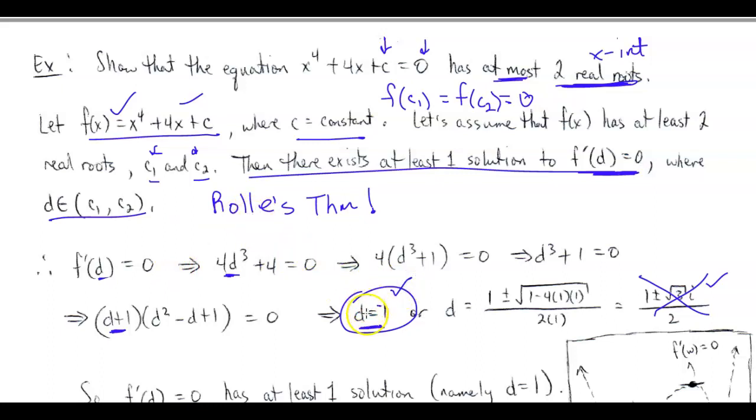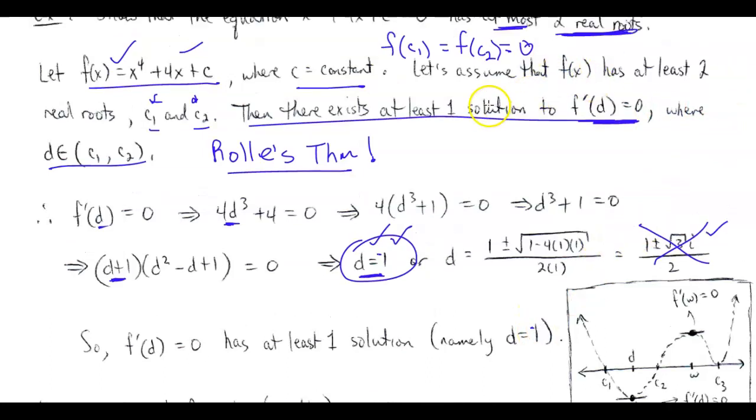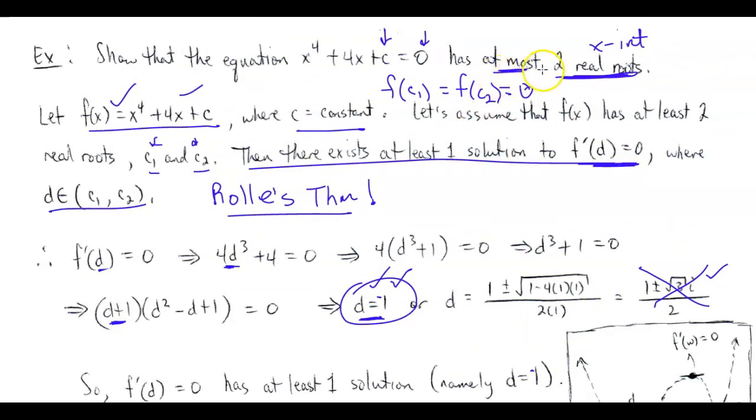I have the at least one solution here, okay? So according to my assumptions, I stated Rolle's theorem had to be true, and it was, okay? And so that means that my f prime of d here has at least one solution, namely when d is equal to -1, okay? So what I've established at this point is that we have at least two real roots.